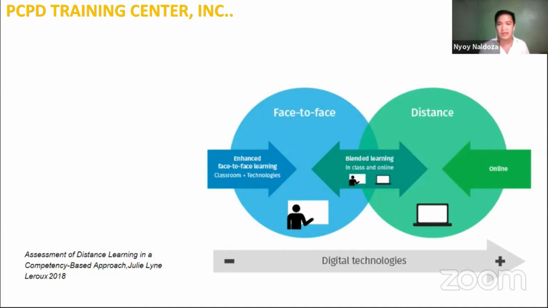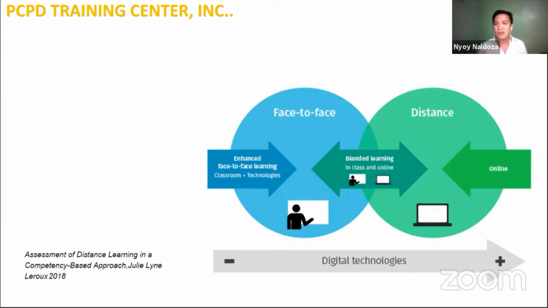Going through the diagram would be the blended learning approach. It's not merely a total or physical separation, but you are doing what we call hybridization, the idea of combining a face-to-face class and an online class.